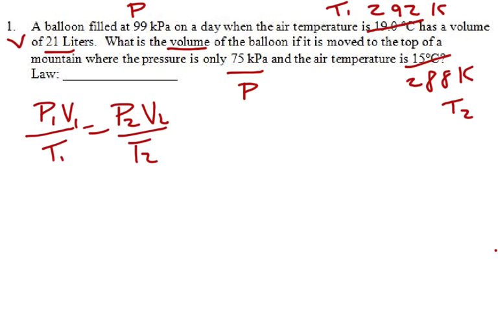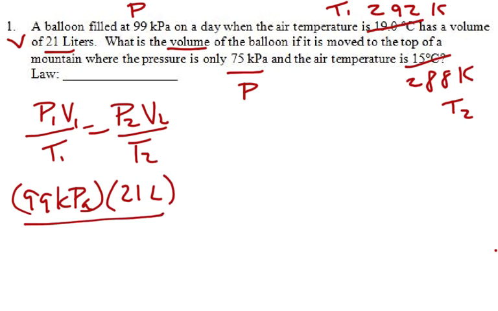So now, let's find our numbers. A balloon filled at 99 kilopascals has a volume of 21 liters when the temperature is 292 Kelvin.